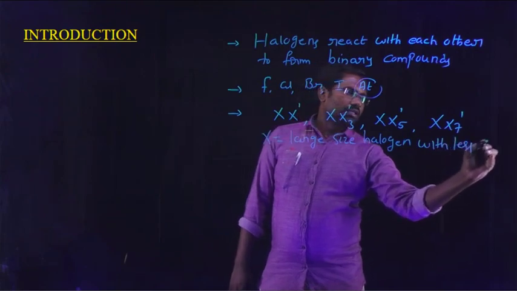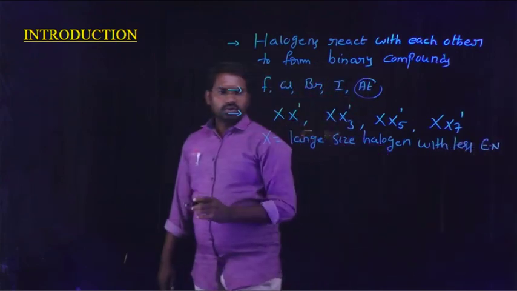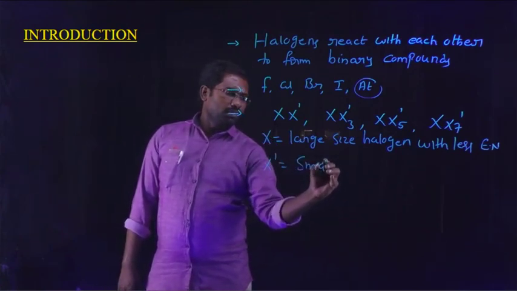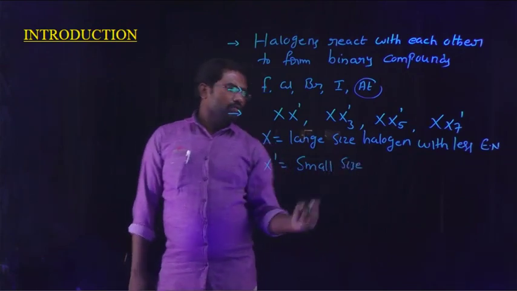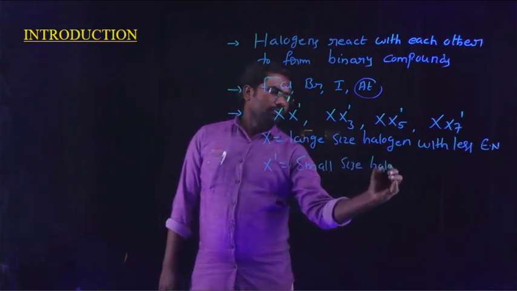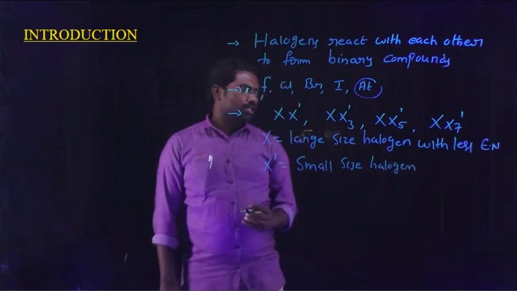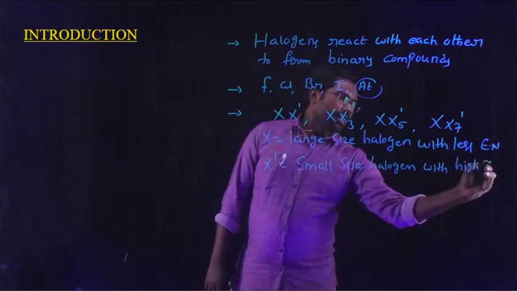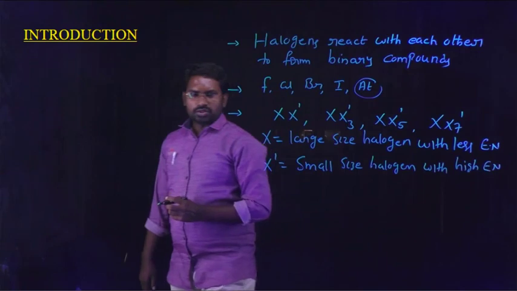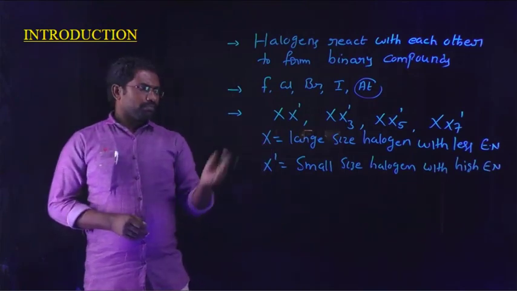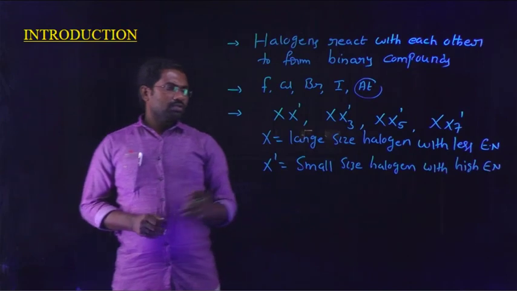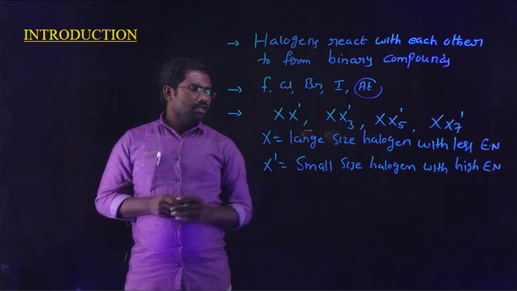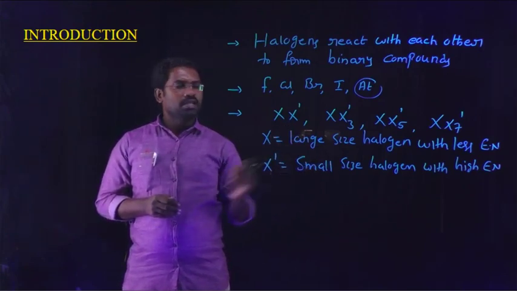And X' is the small size halogen with high electronegativity. These are the types of the interhalogen compounds. In that, X is the large size halogen with the least electronegativity, and X' is the small size halogen with a high electronegativity.